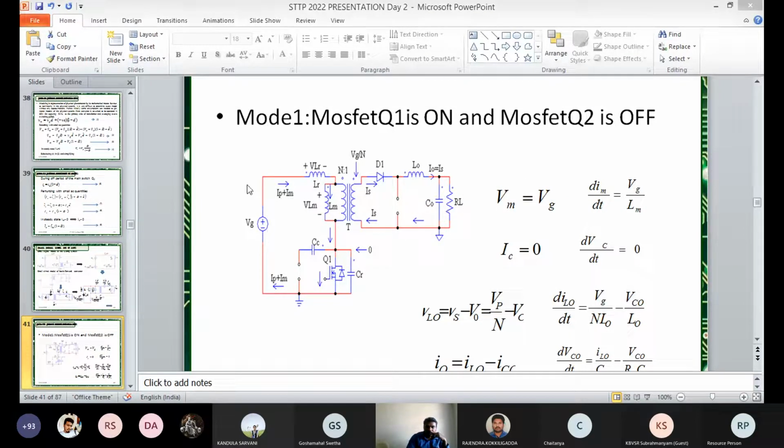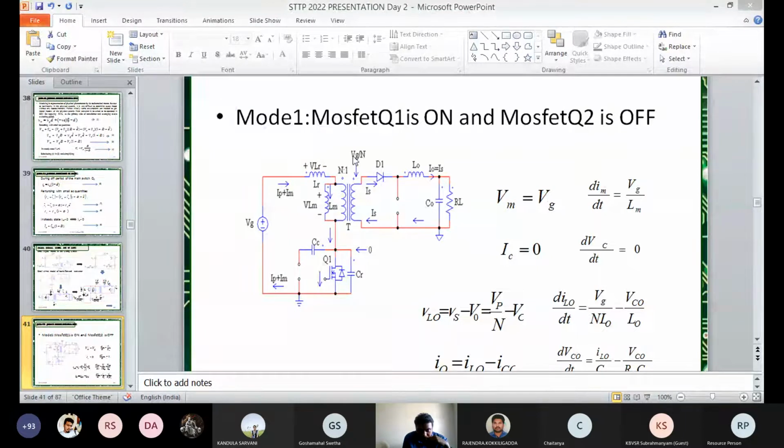Here, considering the inductor currents and the capacitor voltages as state variables, we write the expressions for the inductor voltage and capacitor current. The current through the magnetizing inductance I choose as one state variable.